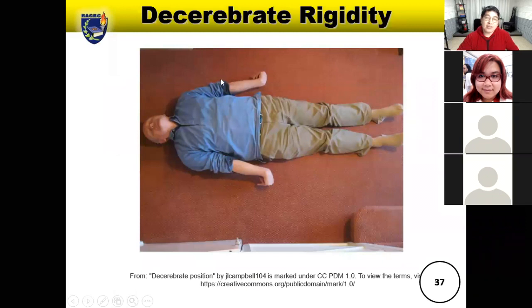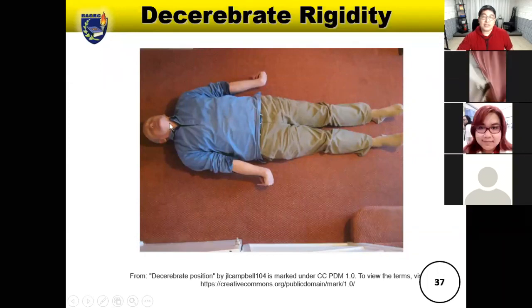Look, even the arms are extended. Okay, so therefore, decorticate rigidity, the one we had a while back, is abnormal flexion. Decerebrate rigidity, this time, is abnormal extension. Look, the arm, the neck are extended, and the legs are also extended.